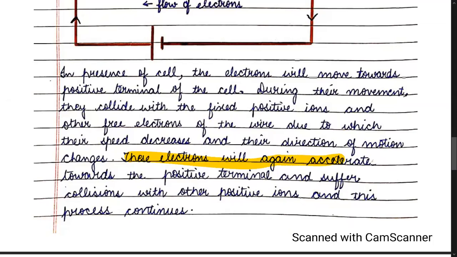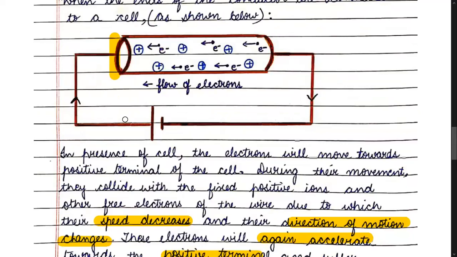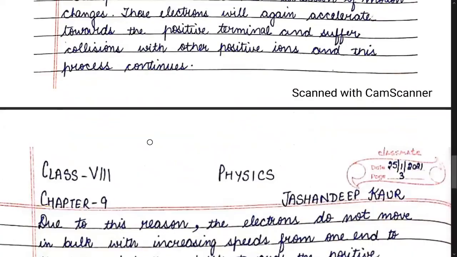So the electrons after collision, when their speed has decreased and direction of motion has changed, will again accelerate towards the positive terminal and will again suffer collisions with other positive ions, and this process will continue till the electron reaches the positive terminal of the conductor, which is connected to the positive end of the cell or battery.